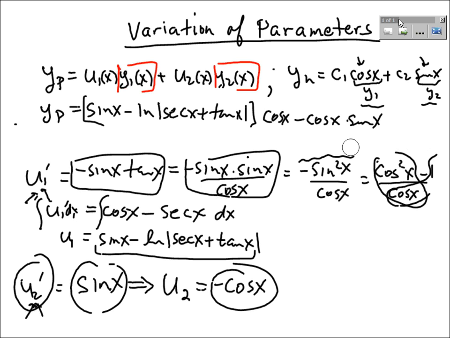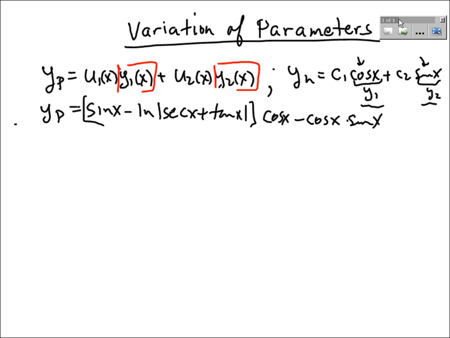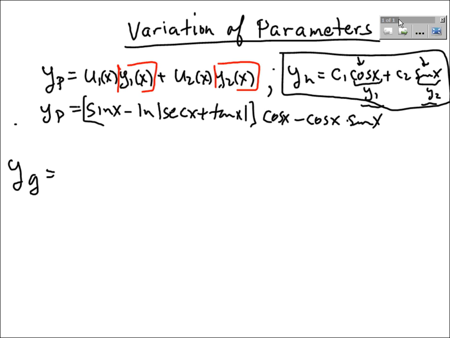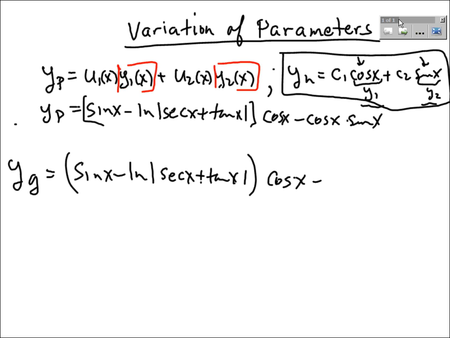Now once you have y sub p, getting the general solution is simple, assuming you also have y homogeneous, which we always find first. So y general is going to be y p, sine of x minus ln of the secant x plus tangent x, all of that times cosine x, minus cosine x sine x.